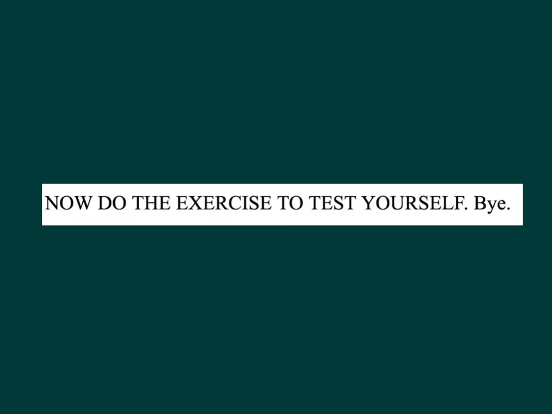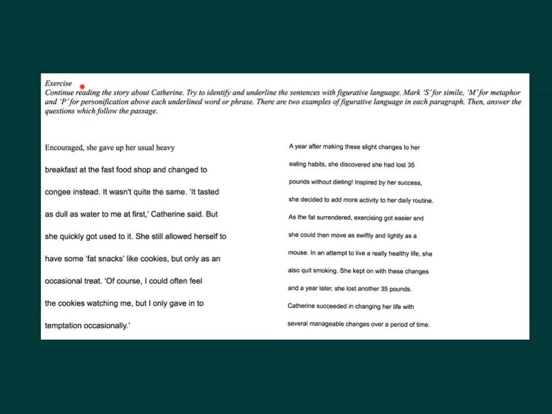Now, do the exercise to test yourself. Exercise. Continue reading the story about Catherine. Try to identify and underline the sentences with figurative language. Mark S for simile, M for metaphor, and P for personification about each underlined word or phrase. There are 2 examples of figurative language in each paragraph.